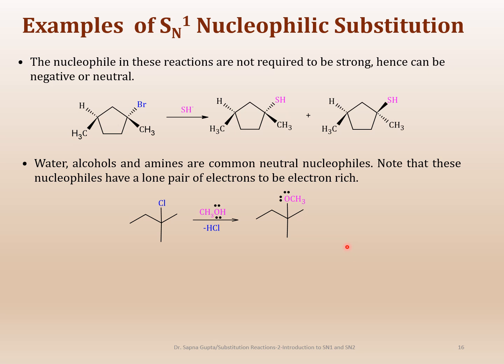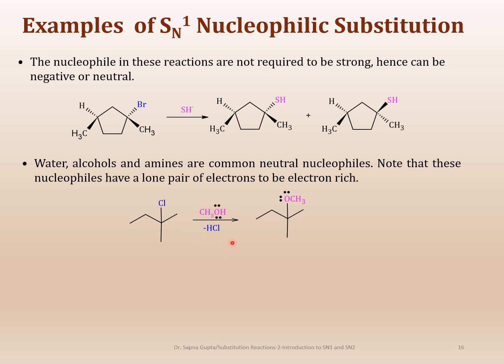The thing about SN1 reactions is that you can have weak nucleophiles, or neutral nucleophiles which are not that great, because the nucleophile is not part of the reaction mechanism, as in forming the transition state. So you can get away with having very weak or neutral nucleophiles.